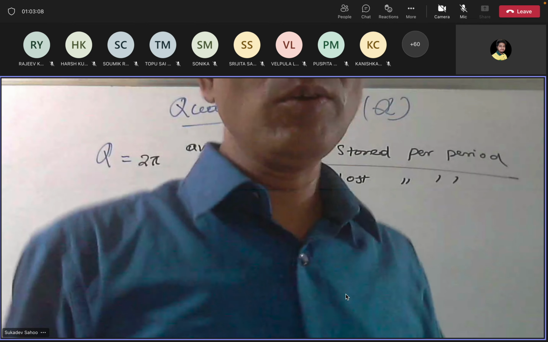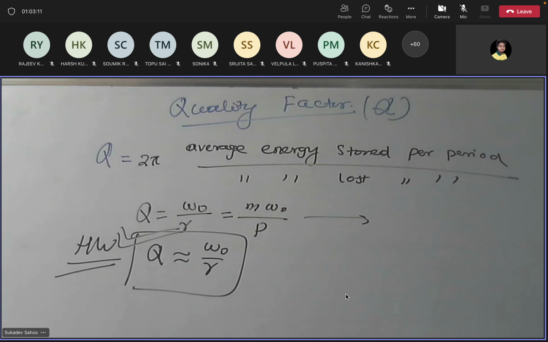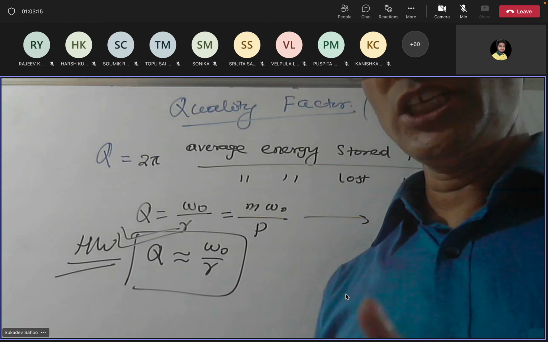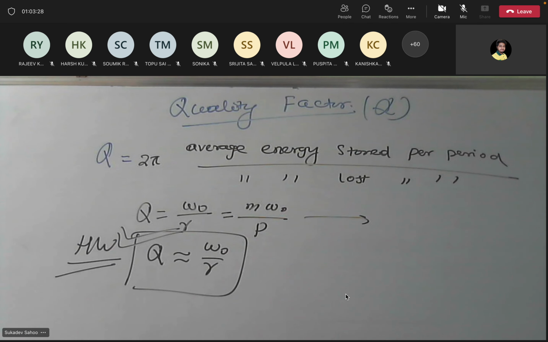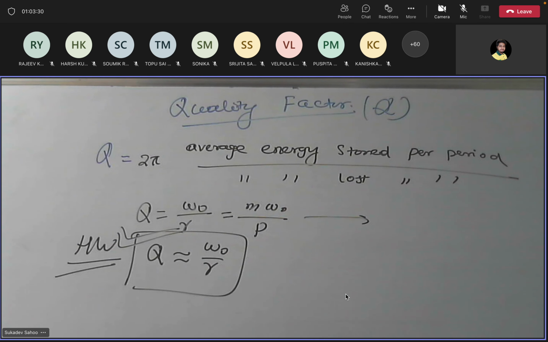Already I have given another homework, that derive the expression for power absorbed or dissipated of forced oscillator, and this is also one expression, but quality factor. Then another point we can note down, another HW, that the Q value is an amplification factor at low driving frequency.